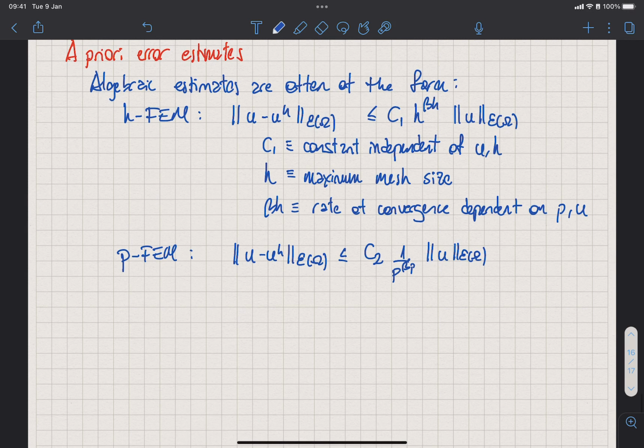Here C2 is another constant, but p is the minimum or the maximum polynomial order? Minimum.